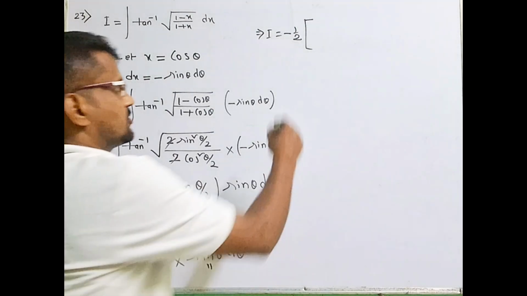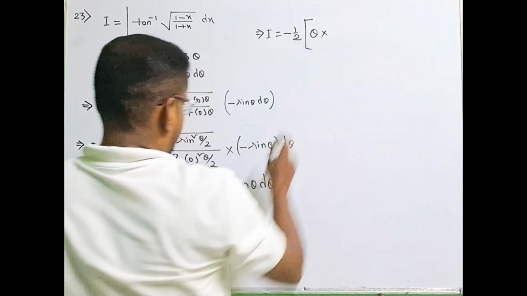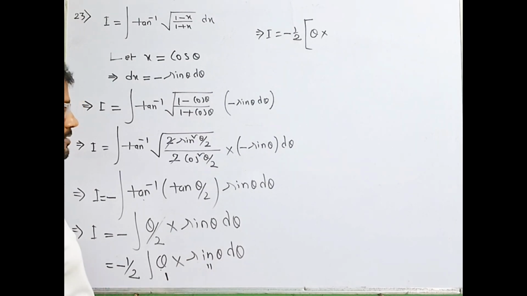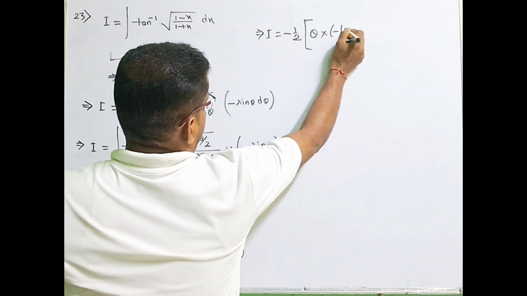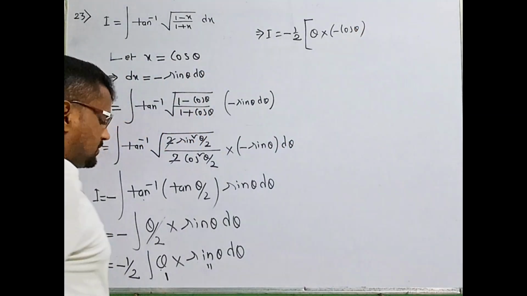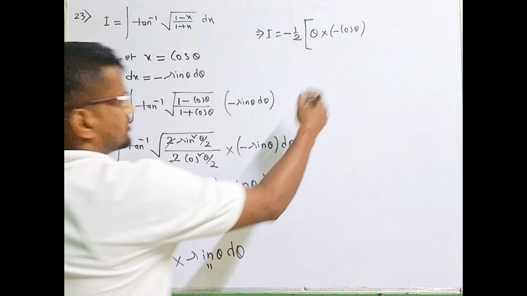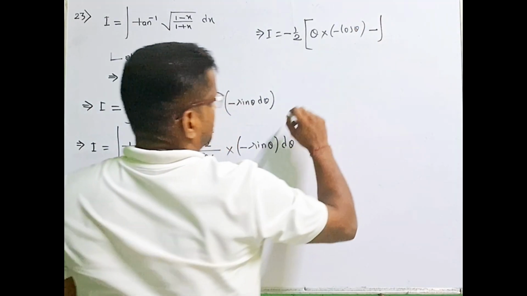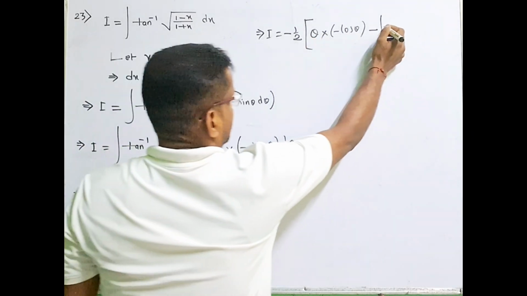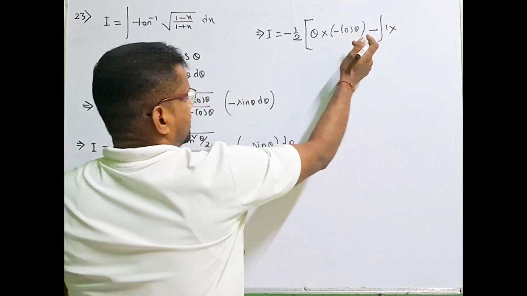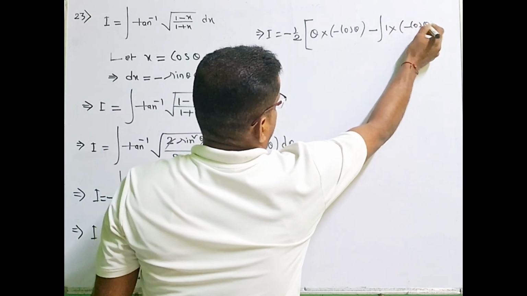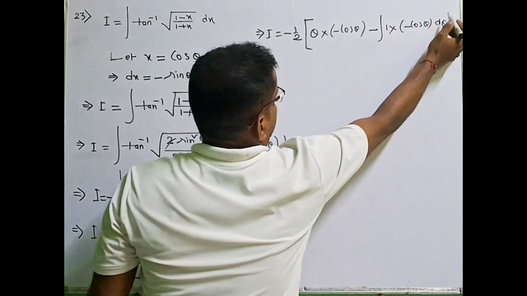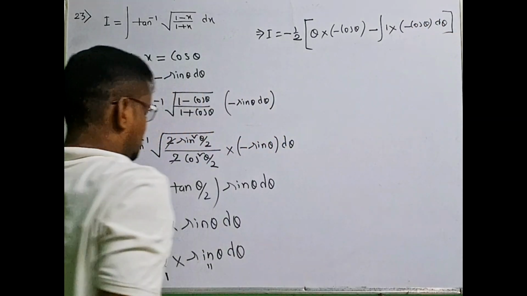By parts: first function as it is, integration of second function, integration of sin theta is minus cos theta, that is known to us. Then by parts rule, minus integration of derivative of first function, that is 1, integration of second function, it will be the same, minus cos theta. So minus cos theta d theta, this we will get.